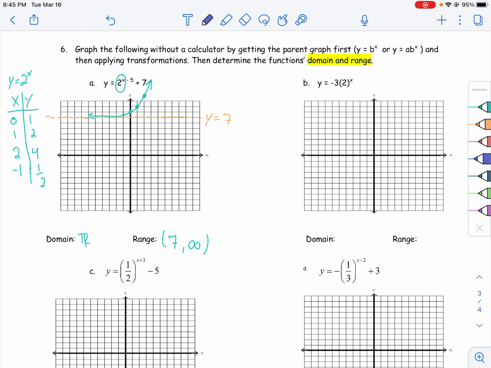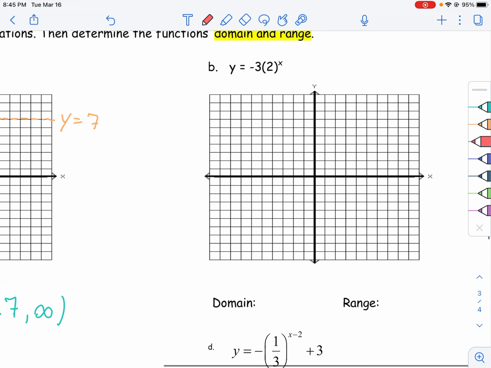Okay, let's take a look at the next one. Next graph is just negative 3 times 2 raised to the x again. 2 to the x, we already have it: 0, 1, 1, 2, 2, 4, negative 1, 1 half. This negative 3 is saying take our y values and multiply them by negative 3. So that makes positive 1 become negative 3.